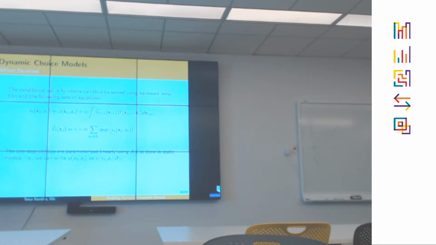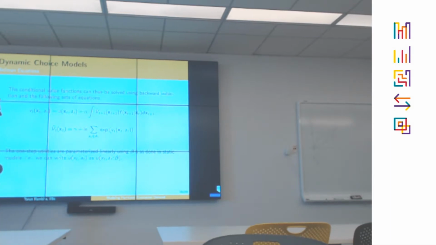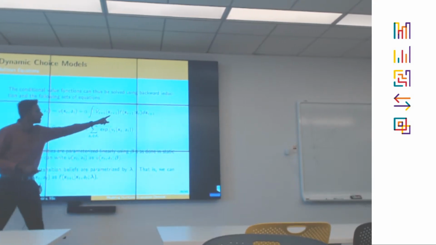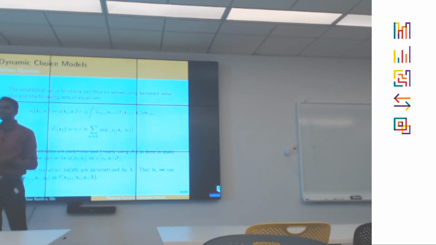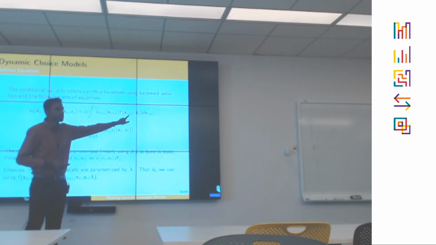Now, like before, we'll parameterize the utility functions using some betas, and this is usually in a linear structure. And then, like I said, we can also estimate the alphas alongside these betas. And another interesting feature is we can also parameterize the belief that individuals have. If you look at this expression here, this is telling us that the individual is currently at a state x_t, and he or she thinks that it's going to go to a state x_{t+1} in the future.